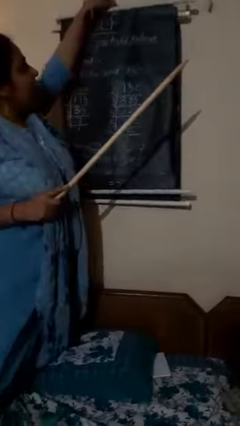The product of common factors is called the HCF. So the product is 2 fives are 10 and 10 fives are 50. So the HCF is 50. Got it students?